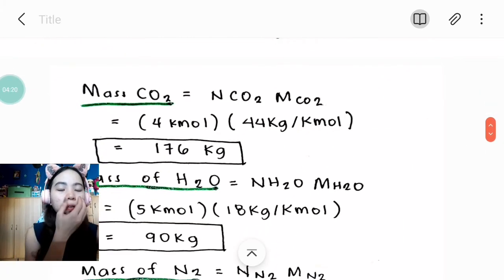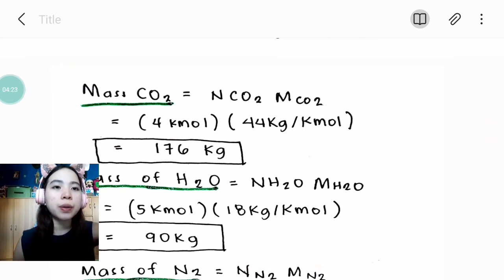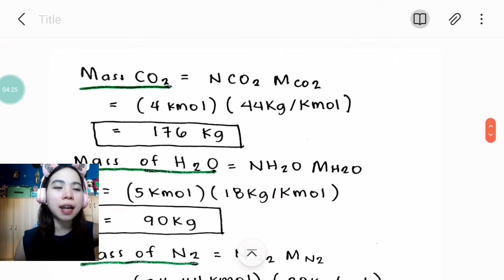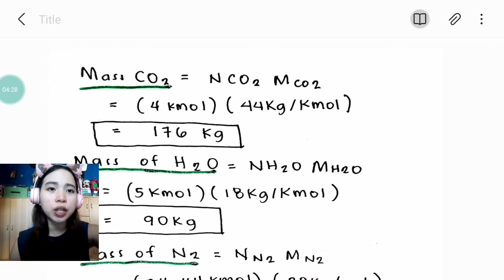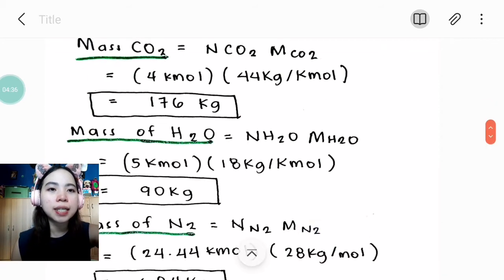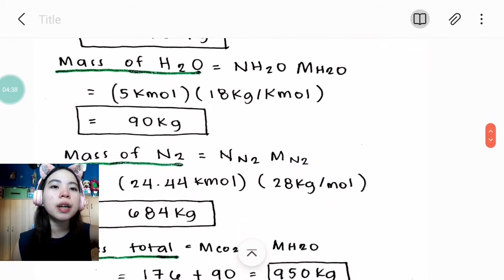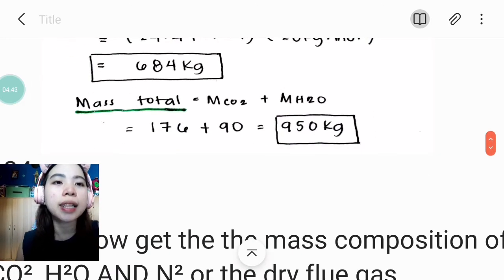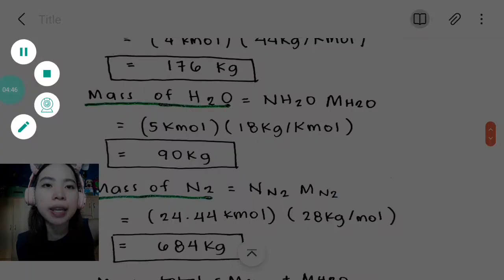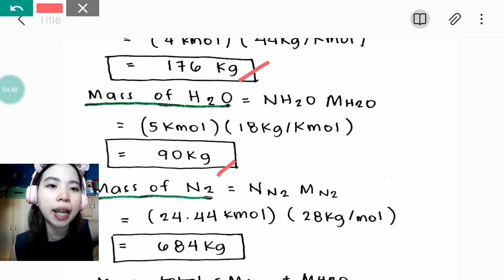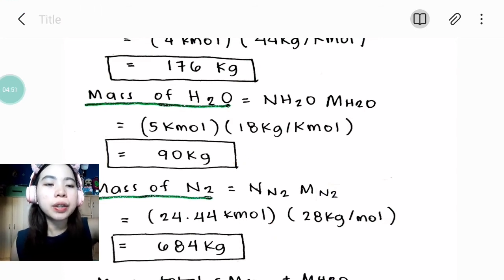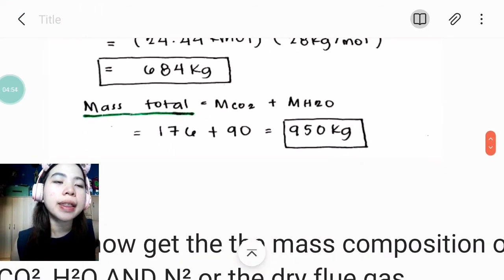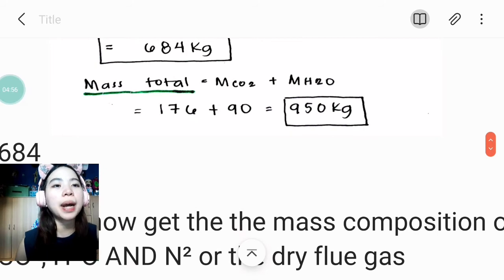The mass of carbon dioxide formed will be equal to the number of kmol of carbon dioxide multiplied by its molar mass, which is 4 kmol multiplied by 44 kg per kmol. Cancel the kmol, and we get 176 kg. Same with water and nitrogen. For the total mass, we add these values, which are 176, 90, and 684, to get 950 kg, which is the total mass.